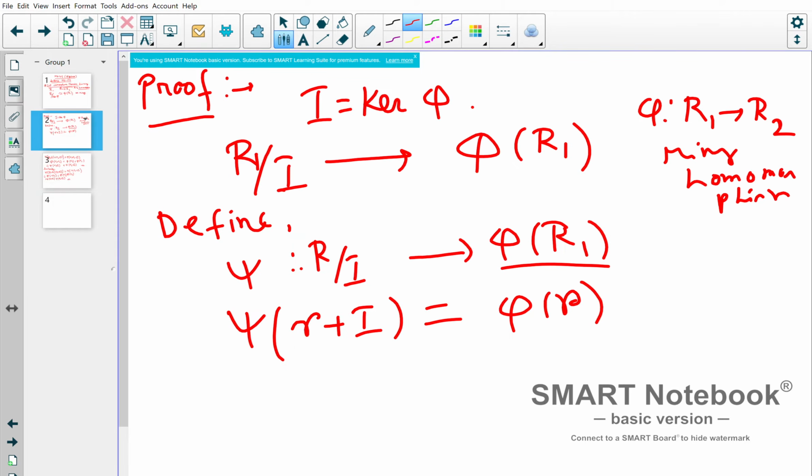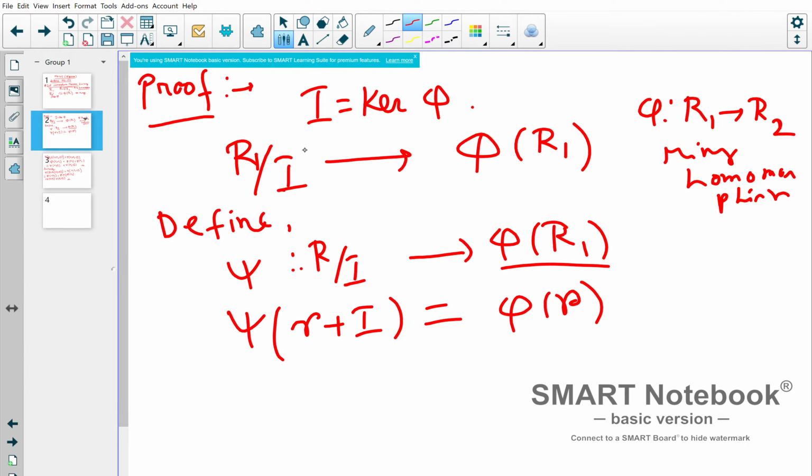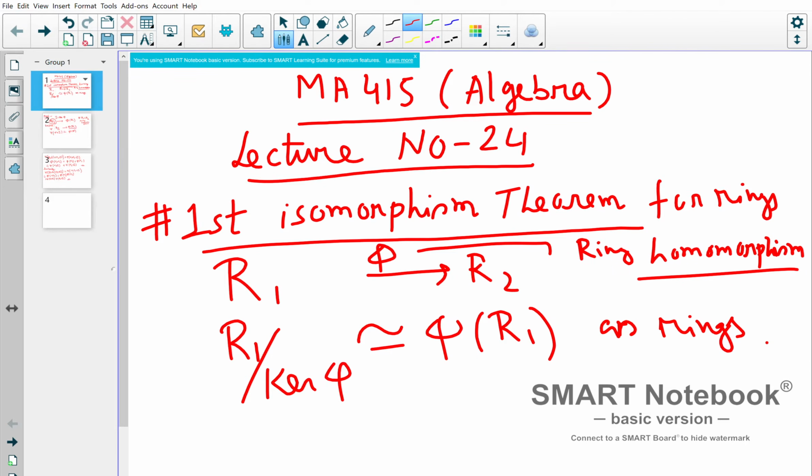First of all, you know that this has a group structure, right? This one also has a group structure, a quotient group. Now we know that if you have a quotient group and a homomorphism, then this is isomorphic to this as a group.